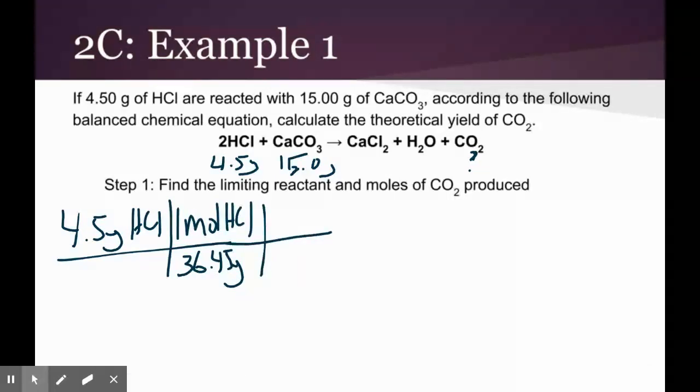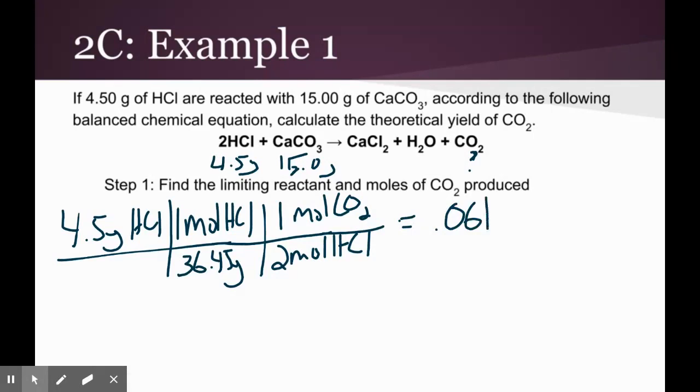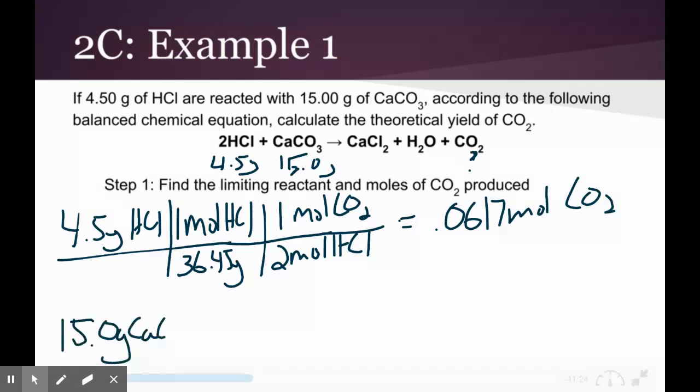And now go from moles of HCl to moles of CO2 using the coefficients from the equation. So it's 2 moles of HCl to 1 mole of CO2. So when you calculate that, you get 0.0617 moles of CO2.